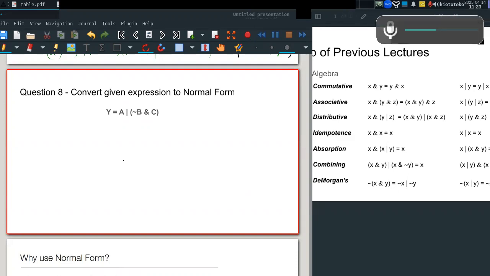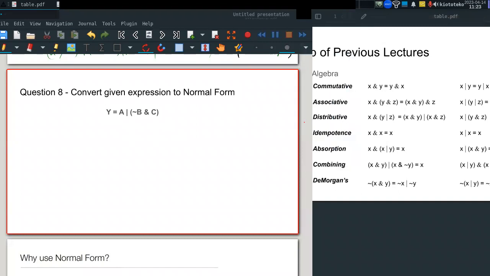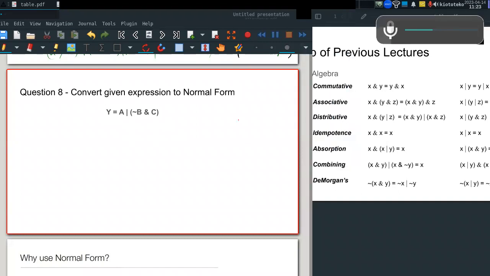No? So what do we need to use in this case? That we already saw in one of the examples. How can we add the missing literals to each of the terms in this logical expression? Use identity and inverse, no?